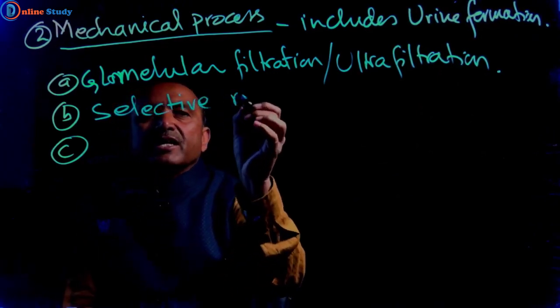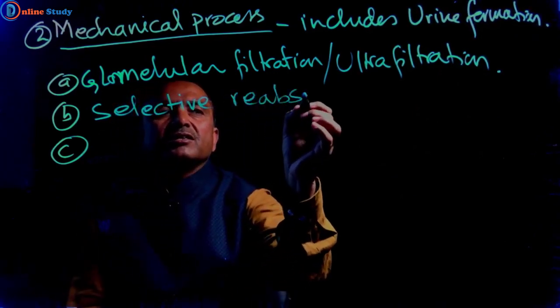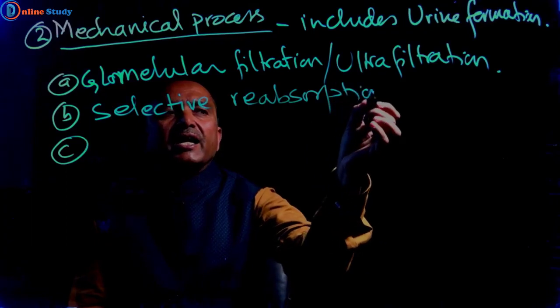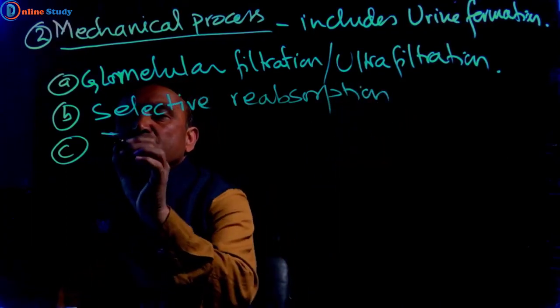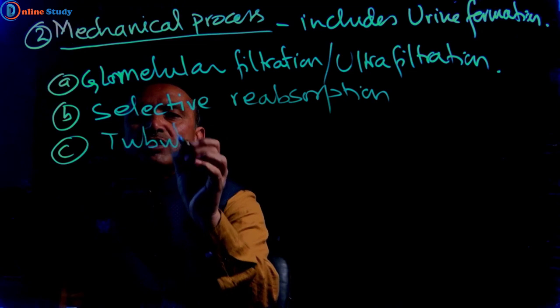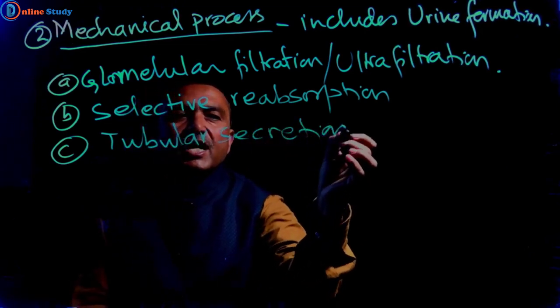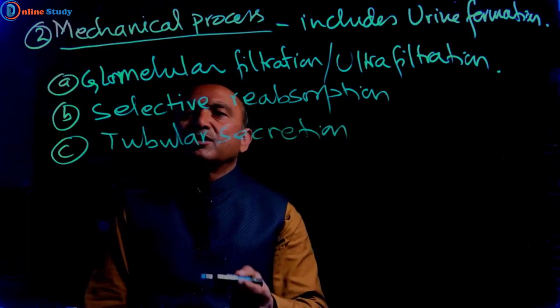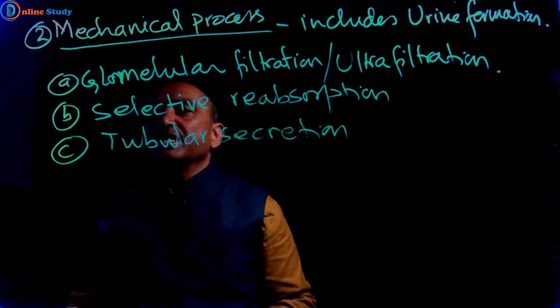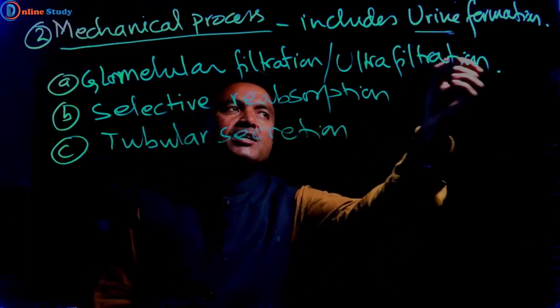And third step is tubular secretion. So these are the three steps included in urine formation.